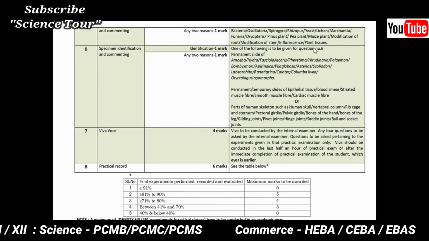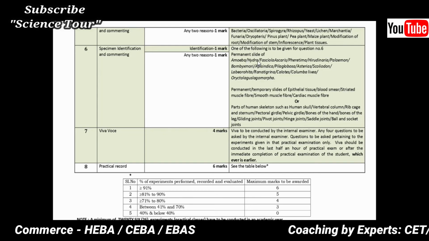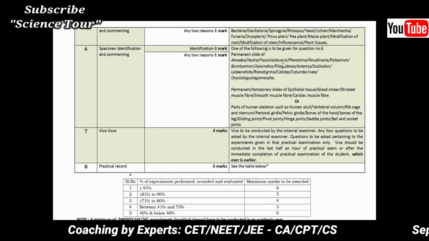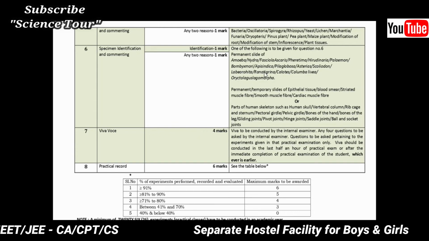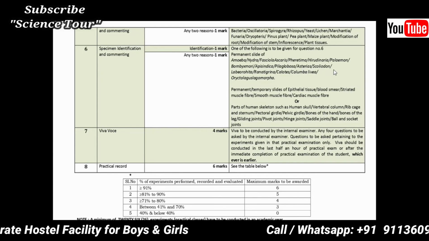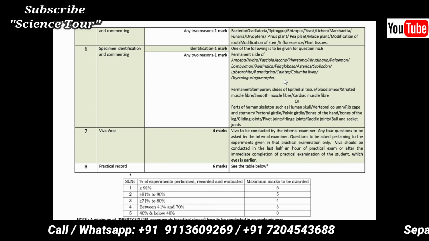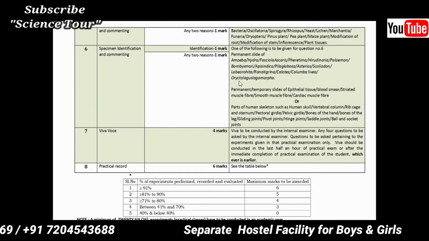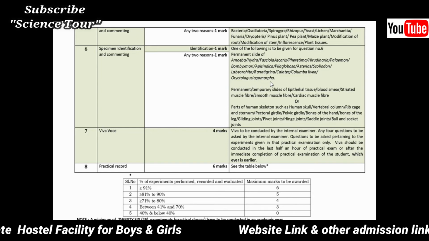So one of the following is to be given for question number 6. They may be either a permanent slide of amoeba or hydra or fasciola, ascaris, Pheretima, Hirudinaria, Palaemon, Bombyx mori, Apis indica, Pila globosa, Asterias, Scoliodon, Labeo rohita, Rana tigrina, Calotes, Columba livia, or Oryctolagus, that is a rabbit.